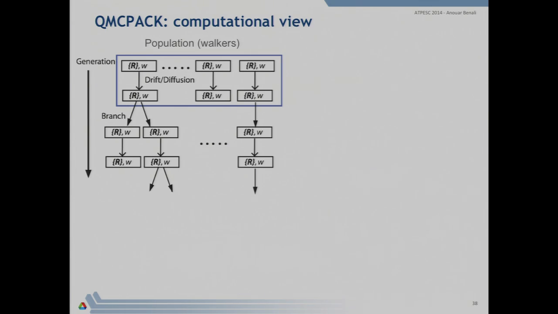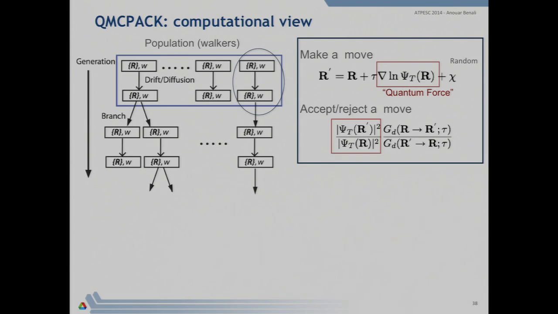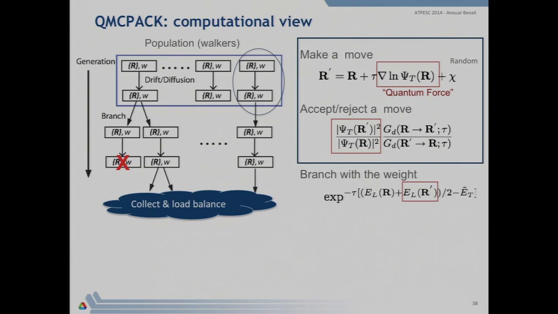If we go inside the population of the walkers, we will have a population here, either with drift or branch or just transition. And this is going to go further. In terms of making a move here, we have the drift part with the accept or reject move. And it's going to be weighted with the local energy, and we can collect the information and do the load balance.